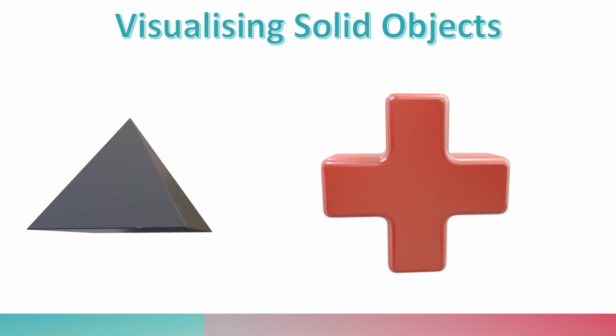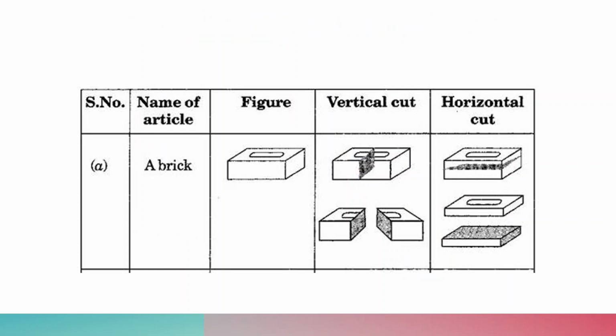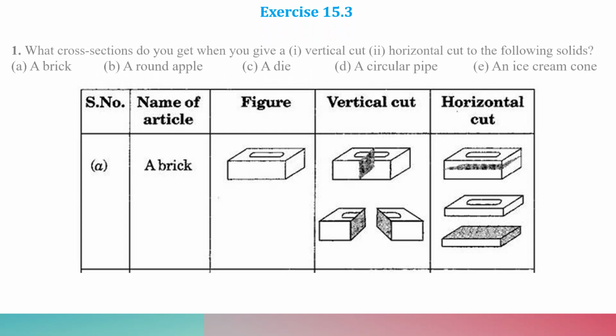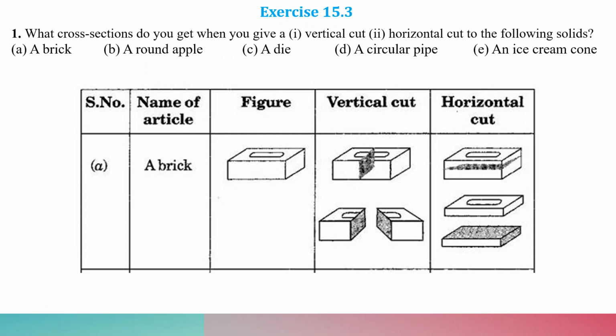So now I am going to take certain examples from exercise 15.3 to make it more clear to you all. Let's talk about exercise 15.3. First question. The question says what cross sections you get when you give a vertical cut or a horizontal cut to the following solids.